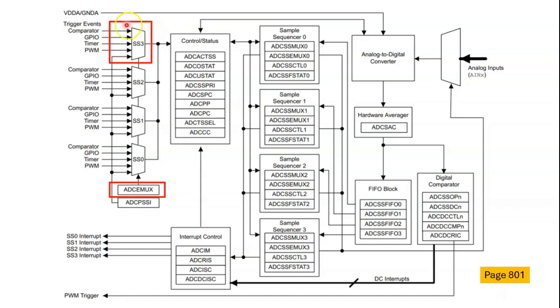Now, for example, this block here, SS3, that is the sample sequencer 3. And this is the ADC event multiplexer select, or ADCEMUX.